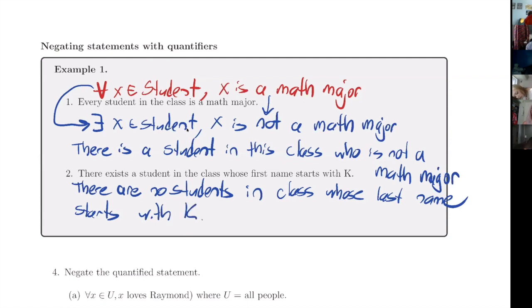But we don't have a quantifier for there are no. So let me try and restate this in a way that we can use quantifiers. Another way that I could restate this would be, not like that, sorry. I could say, okay, for all students in the class, what should be true about all of those students?